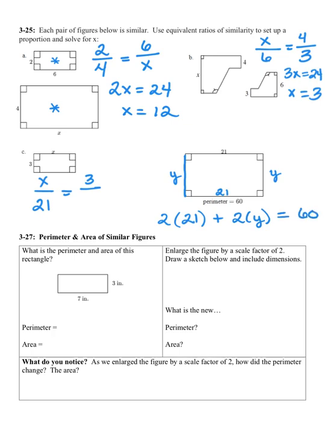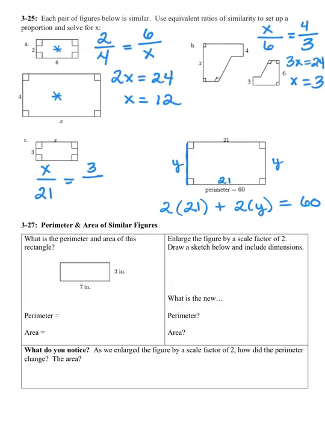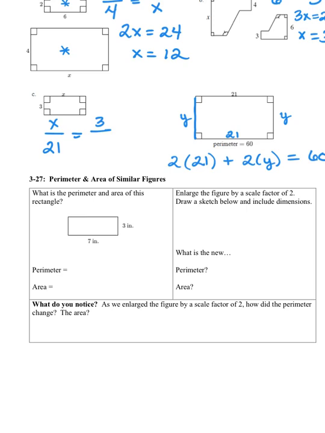And so we can solve this equation and figure out what that other side length is. 2 times 21 is 42. And if we subtract that from 60, we get 18. So that means 2 times y is equal to 18. And so y is equal to 9. So that side we're looking for is 9.